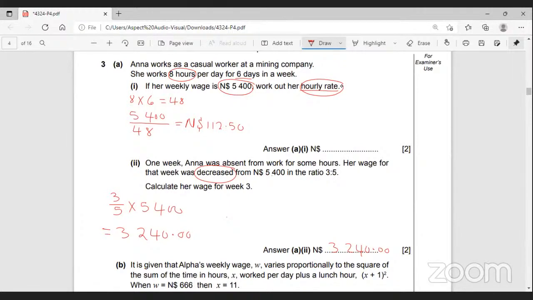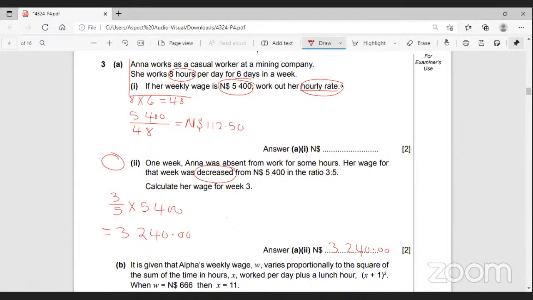Week 2, yes. Okay, so we are trying to analyze. This is the first week, and then week 2.